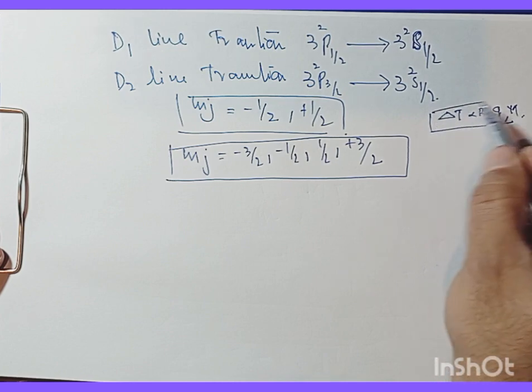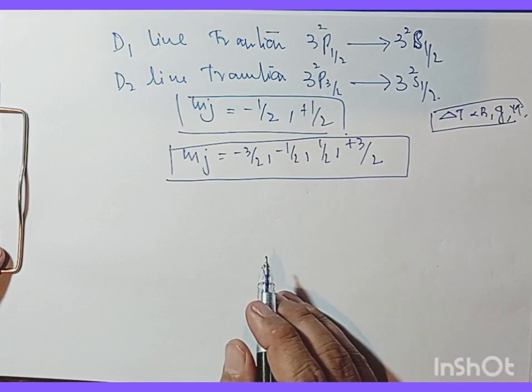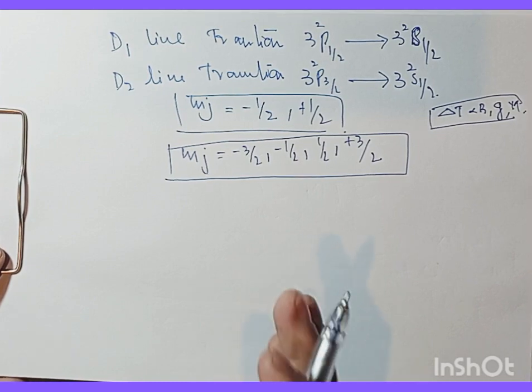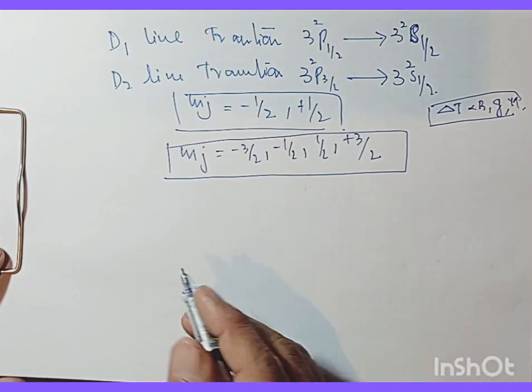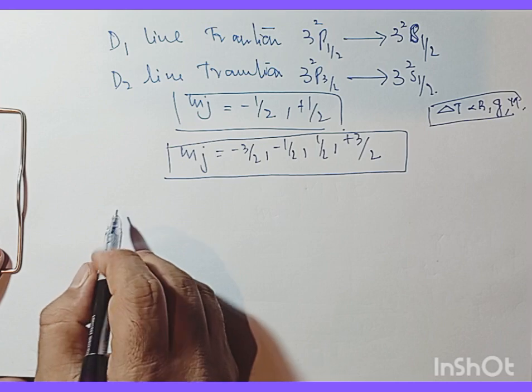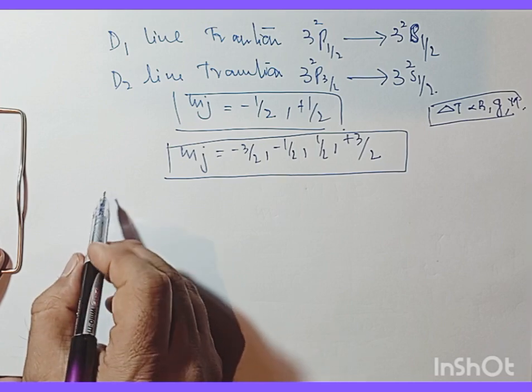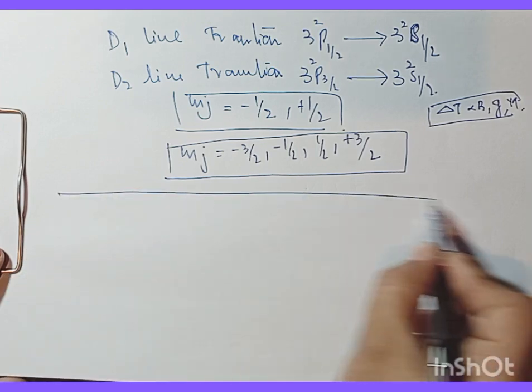So there is a clear indicator that there will be splitting. Now, let us get more concise in this problem by having this discussion in a table-like situation. So let me go with a table here.